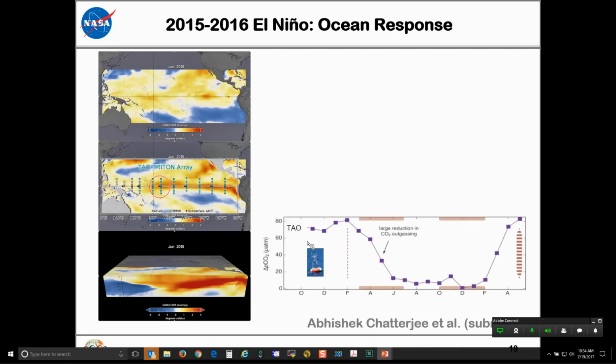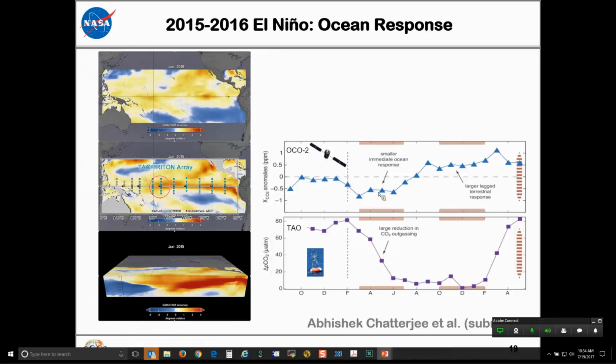We know from things like the TAO buoy network, where only one buoy, it turns out, actually had a functioning CO2 sensor during this El Nino, just south of Hawaii, that as the El Nino started we saw an incredibly large reduction in the CO2 concentration near the surface waters as the ocean stopped pumping CO2 into the atmosphere.